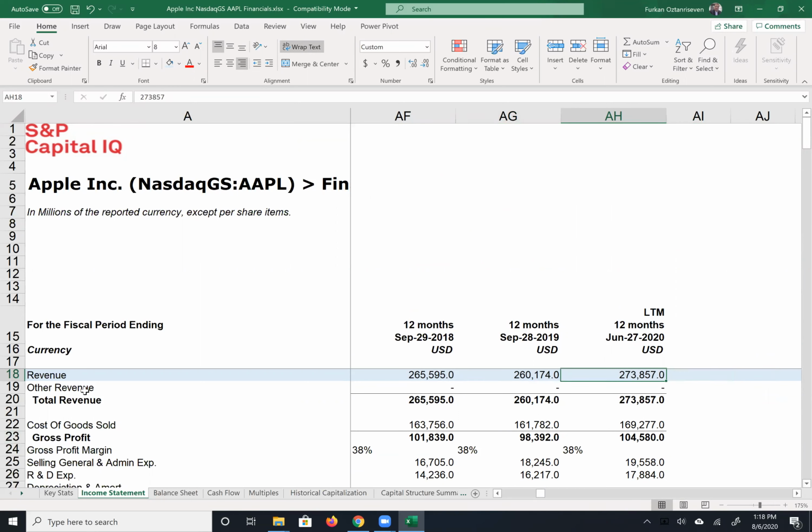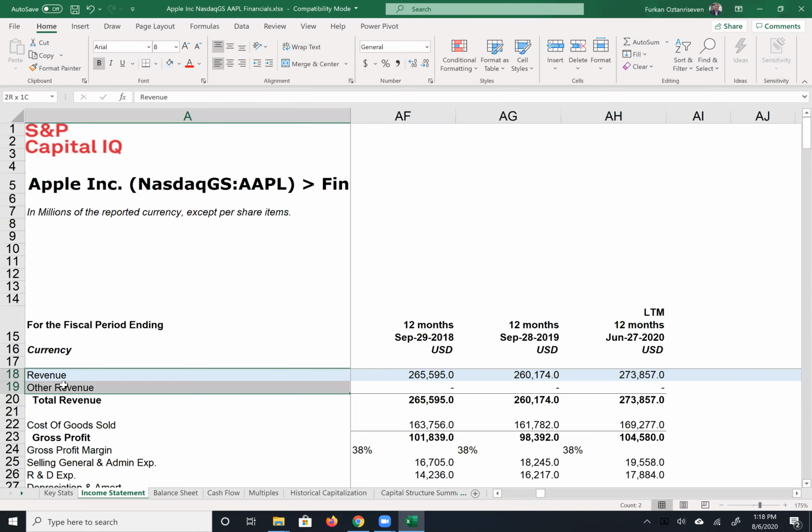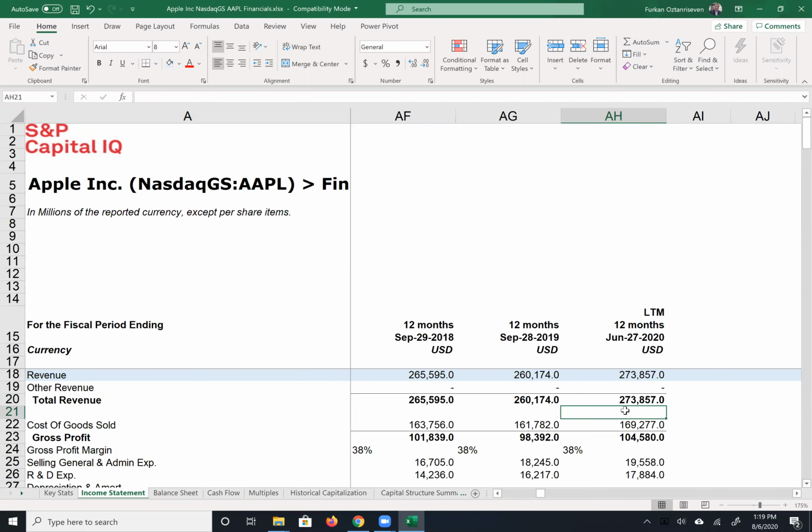And you can see other revenue here, where the company generates revenue from businesses that are not in the main business. So the total of revenue and other revenue together is your total revenue. What I like to do is calculate the change from the previous period, in general 1 year.